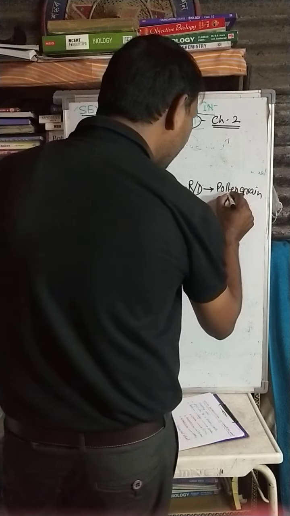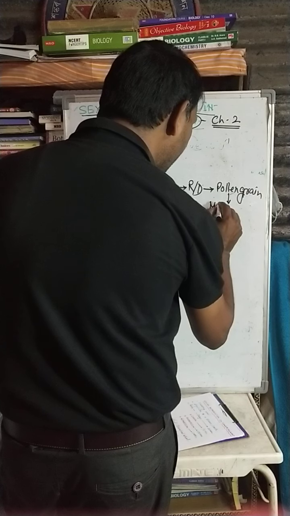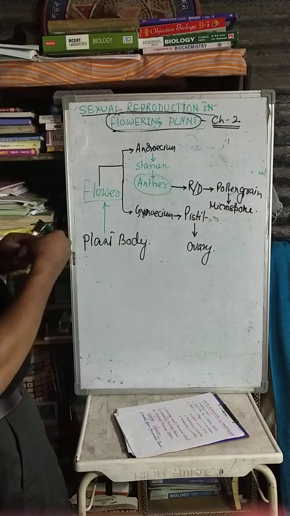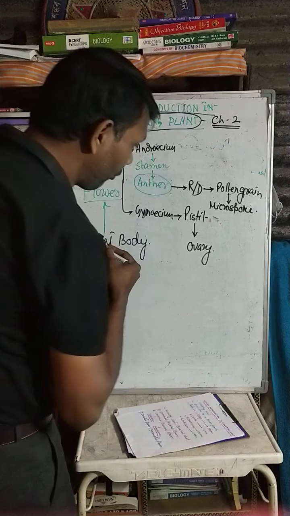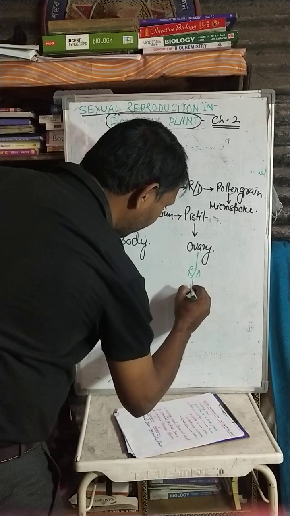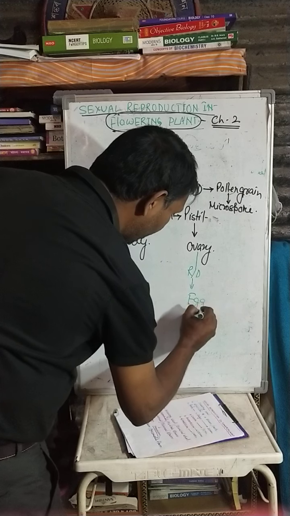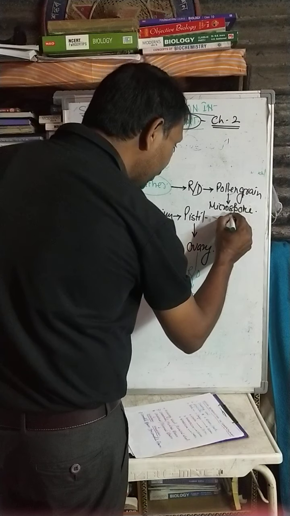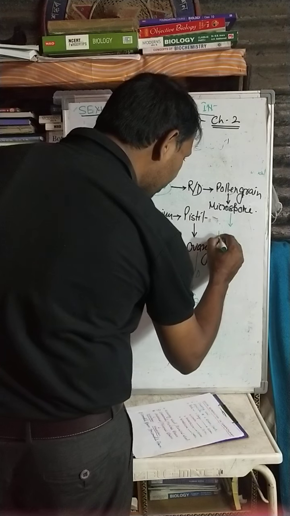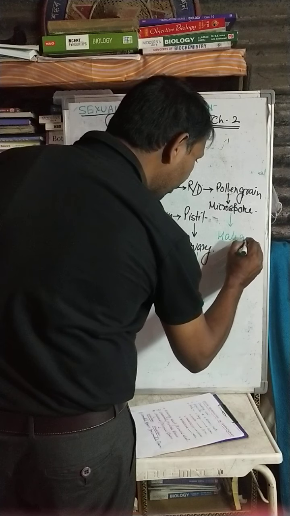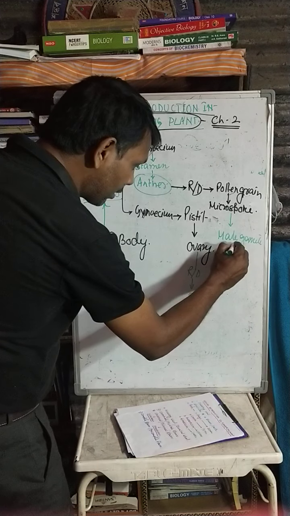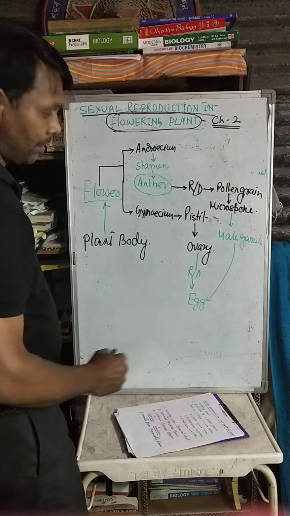These pollen grains are now known as microspore, and in the ovary, as a result of reduction division, it will form egg. Now this microspore or a pollen grain produces male gamete. This male gamete now moves to the egg.